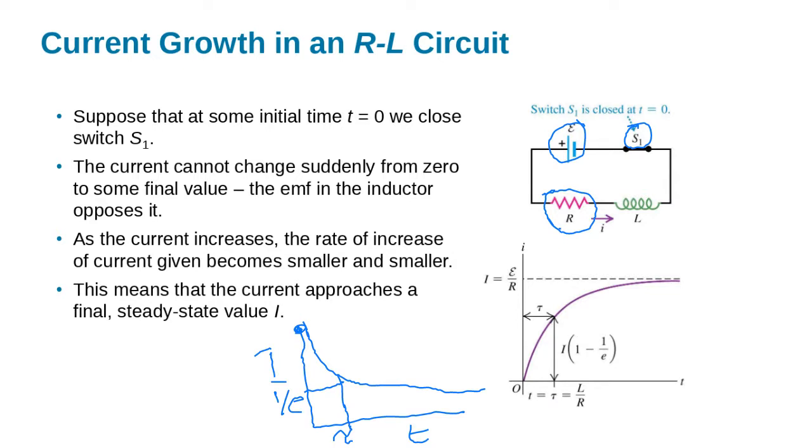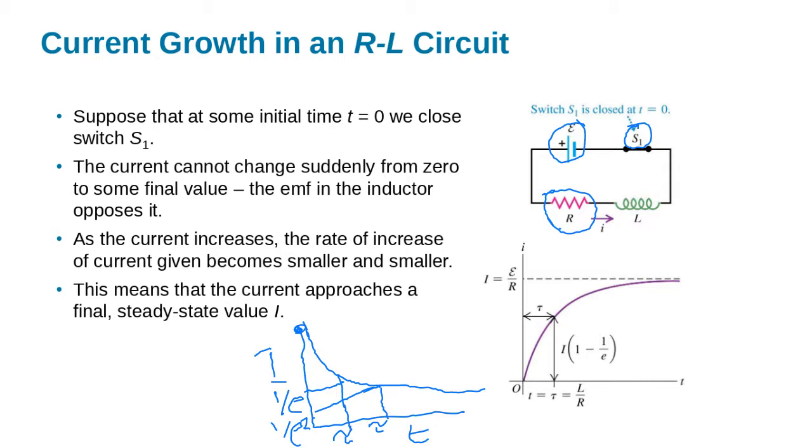Then after another time constant, tau, it's dropped by a factor of 1 over e squared of the initial value, and so on as you go for more and more time constants.